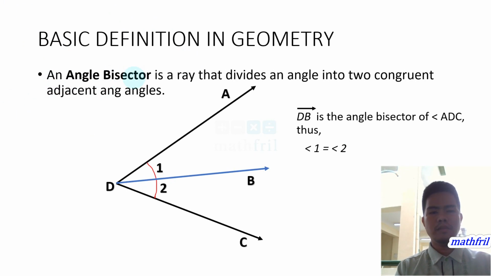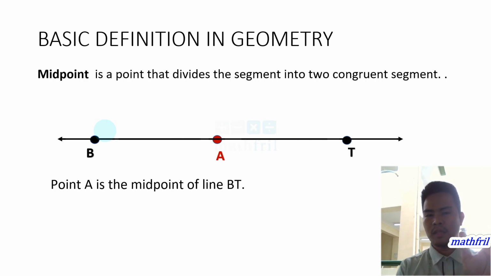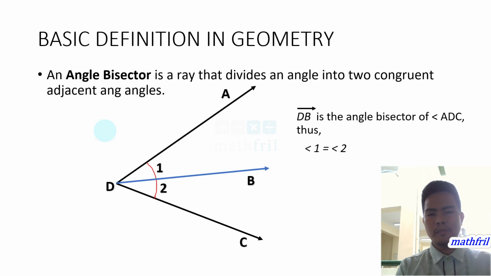Next is angle bisector. An angle bisector is a ray that divides an angle into congruent adjacent angles. In comparison to the midpoint a while ago, which is a point in the middle of a straight line, the angle bisector is a ray. Again, it's a ray in the middle of an angle that divides it into two congruent adjacent angles.